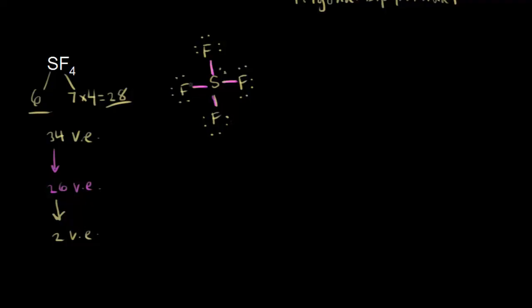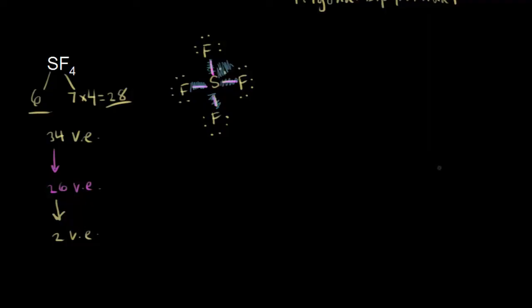We know that these bonding electrons here would be 1 electron cloud. Same with these bonding electrons, same with these bonding electrons, and same with these bonding electrons. And then we have a lone pair of electrons on our sulfur. Well, that's also a region of electron density surrounding our central atom, so that lone pair you could think of as being an electron cloud as well. And so we have 5 electron clouds, just like in the previous example.